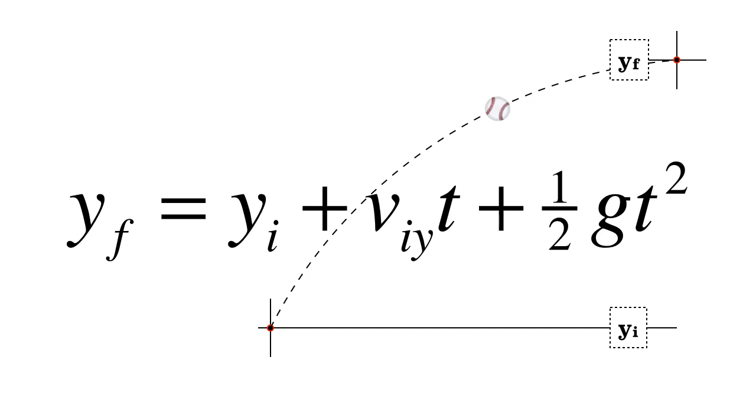If nothing happens to the baseball, the final y-coordinate is the same as the initial y-coordinate. All right, so that's your starting point. If it gets some upward motion, it's going to move upward. All right, so this is where the distance rectangle comes in. But now, if you were on a space station where there's no gravity, this would be the last part of your equation.